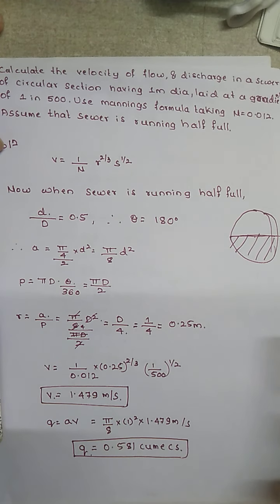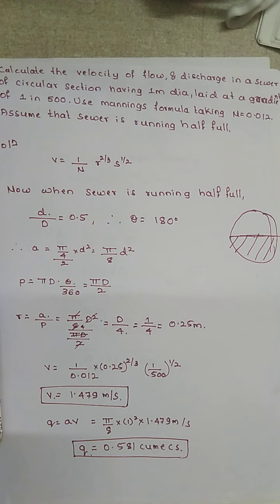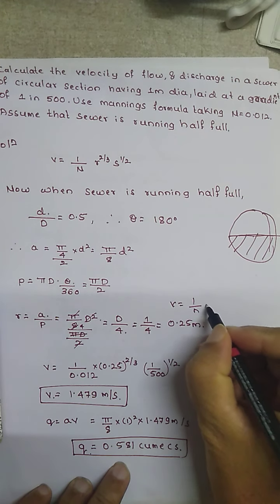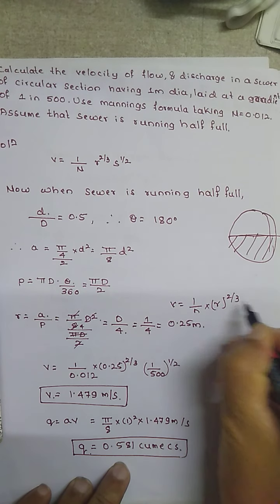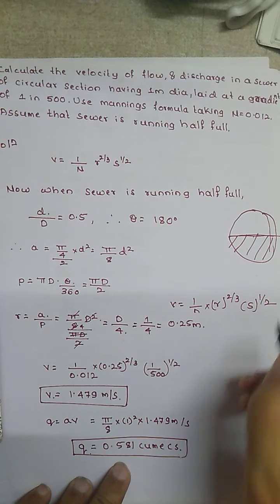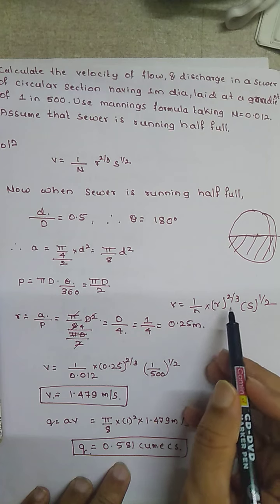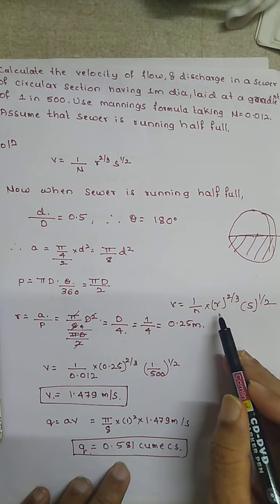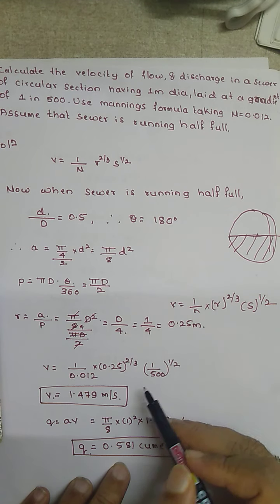So what is the formula, Manning's formula? V is equal to 1 by n into r raised to 2 by 3 into s raised to 1 by 2. So r we have determined, n we already know, it is 0.012, and s they have given.